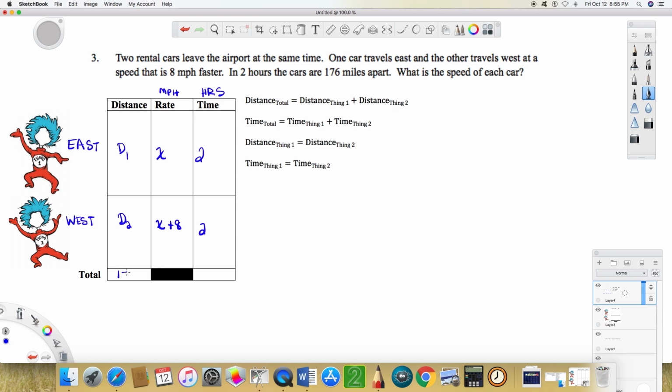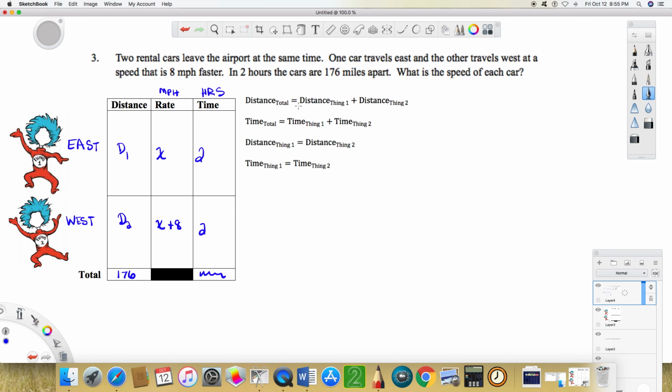Should have made this box a bit bigger, huh? All right. It doesn't make sense to me, since the time is simultaneous, that I would add these two times together. So I'm going to leave that blank. All right.